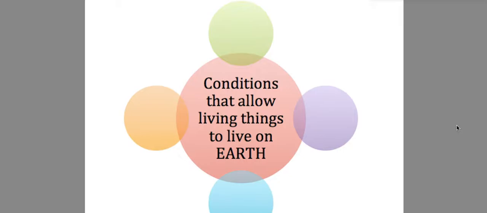So I want you please to pause the video, write at least 4 conditions that are on Earth that allow living things to be able to live on Earth rather than in any other planet. So pause the video, answer this question, and after this, let's move on.